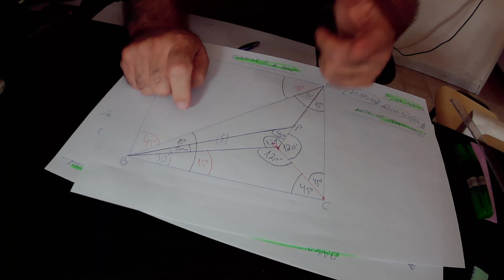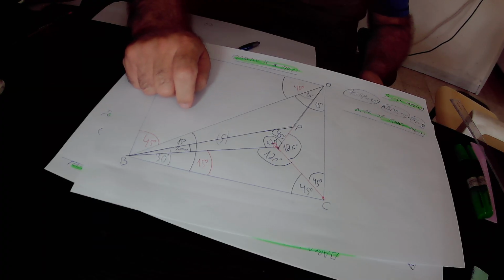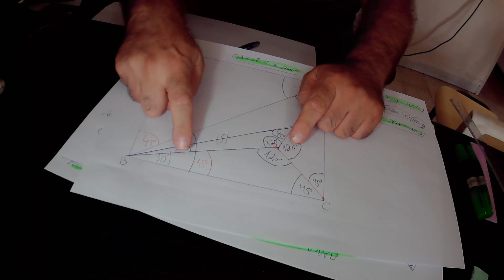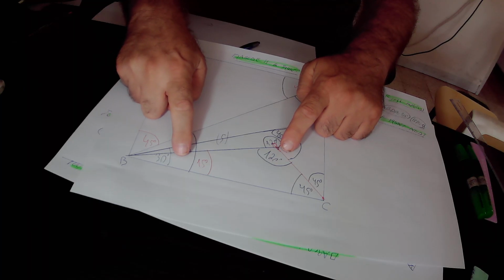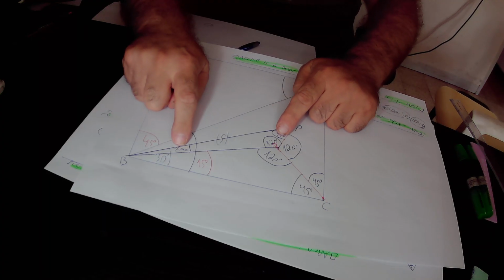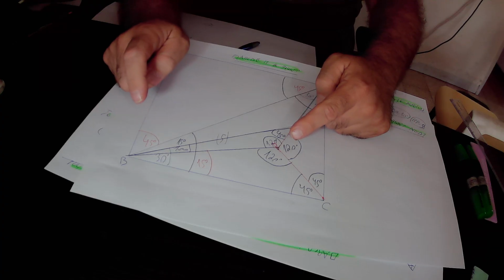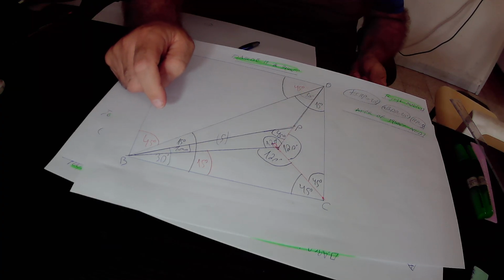Therefore, those two triangles are congruent to each other according to the angle-side-angle rule.